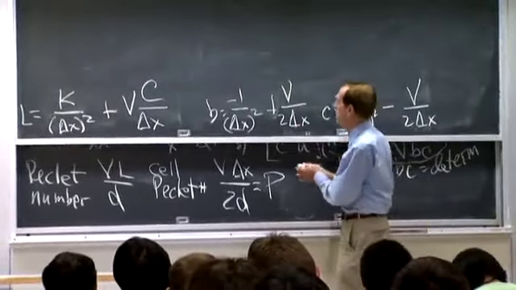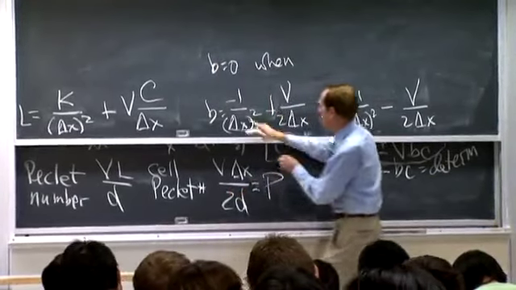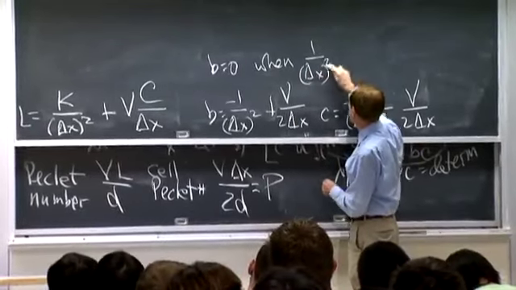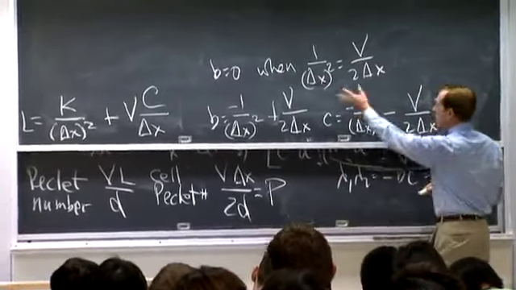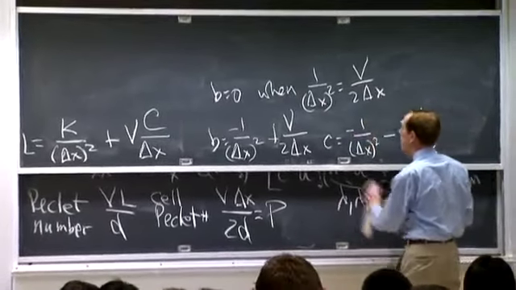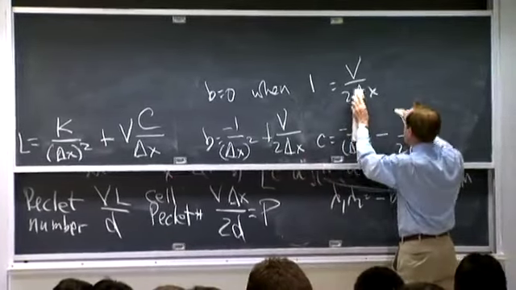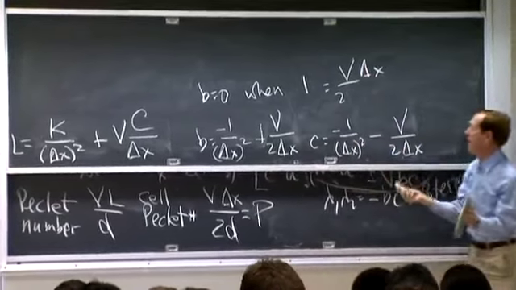So B is 0 when 1 over delta x squared is equal to V over 2 delta x. Let me multiply both sides by delta x squared so that I have a nice 1 there. Multiplying by delta x squared, we'll put a delta x up here. And what have we discovered?